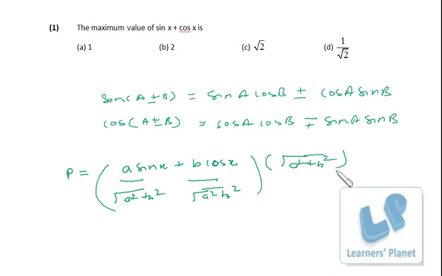Now why am I doing this, just listen carefully. I have a right angle triangle. Suppose this angle is theta. This side is a, this is b, then the hypotenuse will definitely be root of a square plus b square.